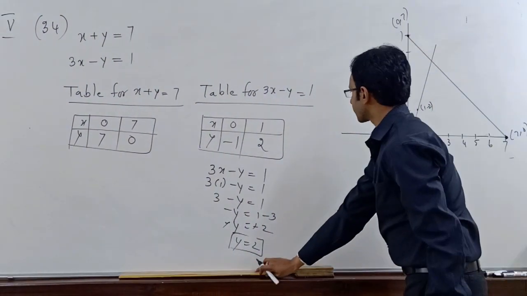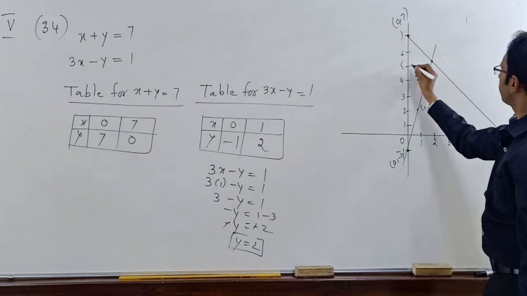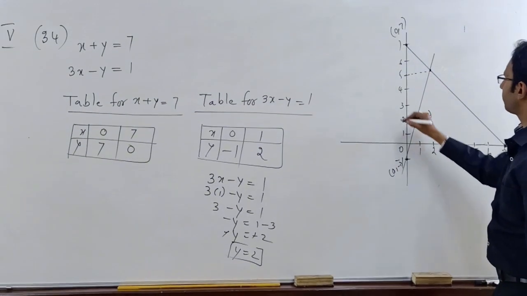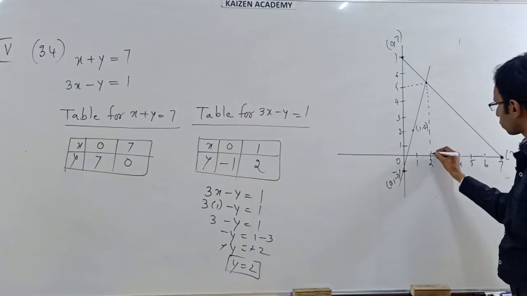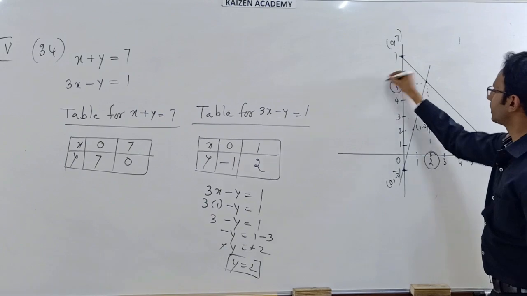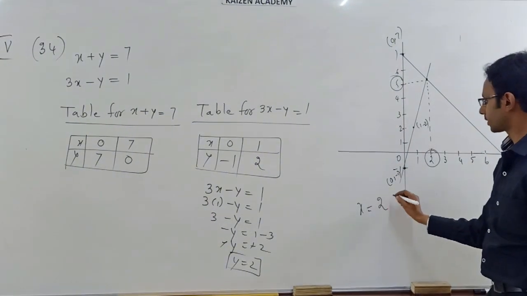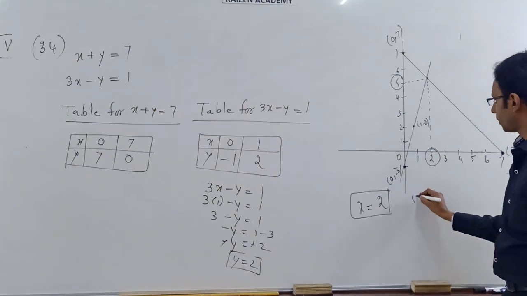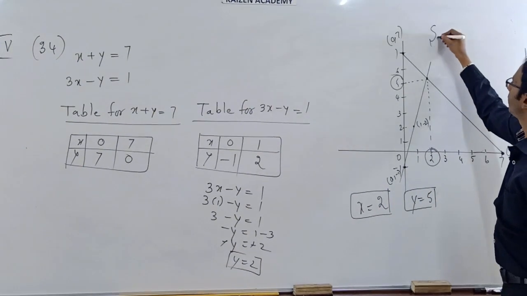So the point of intersection of these two straight lines will be exactly where it touches 5 in the y-axis and it touches 2 in the x-axis. So x is equal to 2 and y is equal to 5 are the graphical solution of these equations. x is equal to 2, y is equal to 5. As you all know, you might have written the scale.